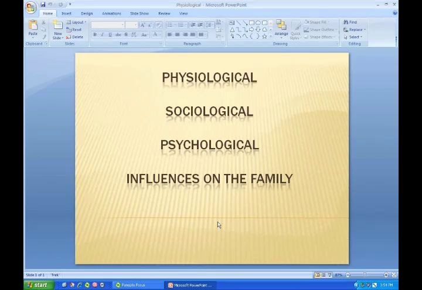Another study, on page 94, was conducted by Cloninger. Cloninger identified two types of alcoholics, type 1 and type 2. Type 1 alcoholics had three characteristics.